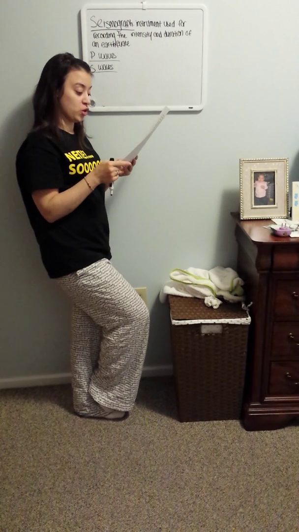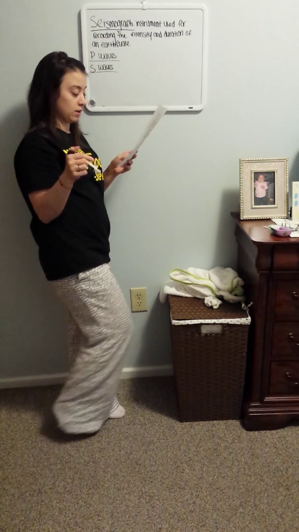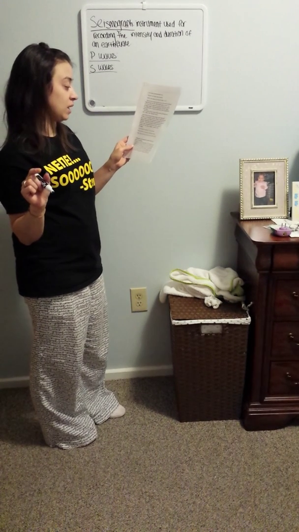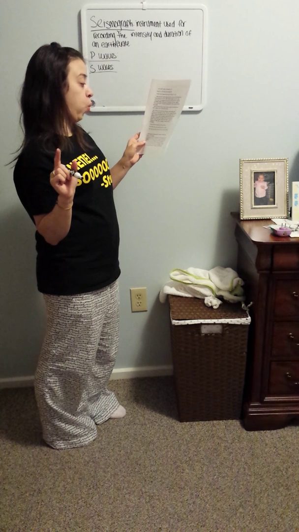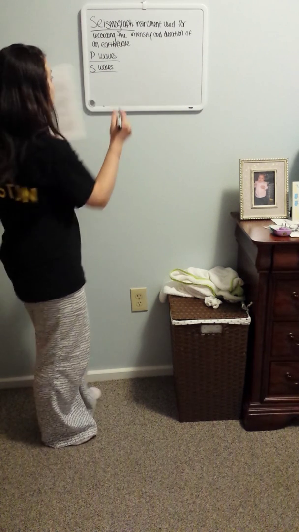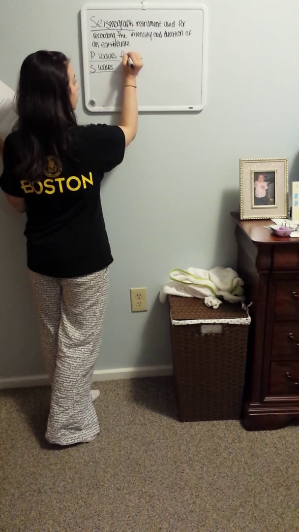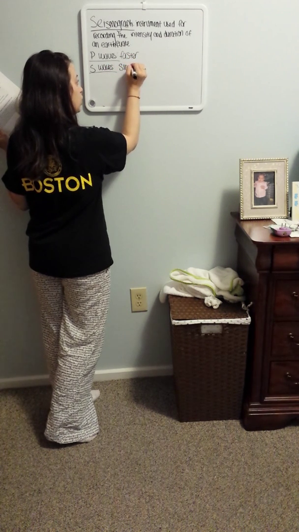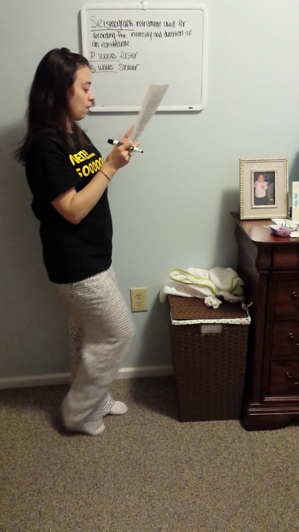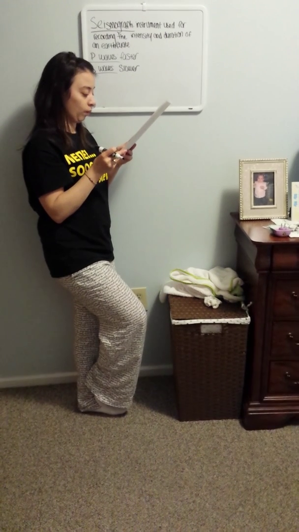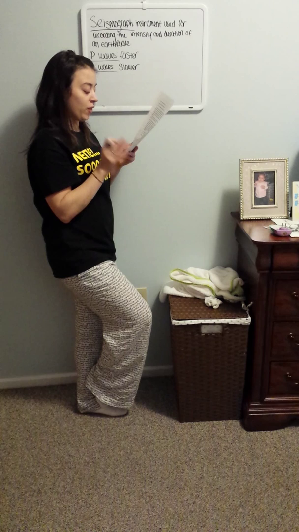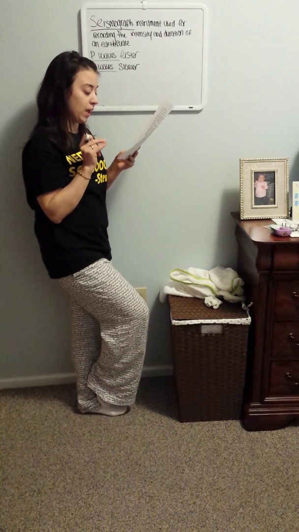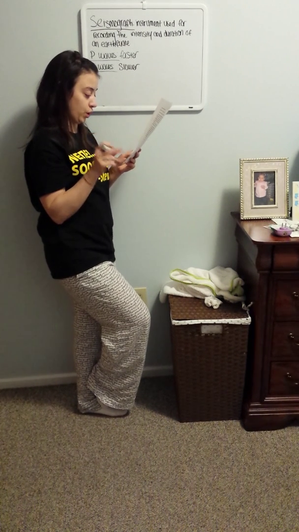P waves are also faster than S waves, and this fact is what allows us to tell where an earthquake is. So P waves, let's just make notes, faster. S waves are slower. So this in the book compares P and S waves to lightning and thunder.